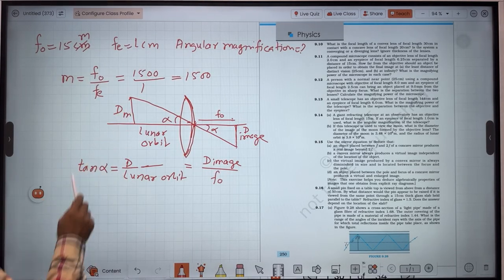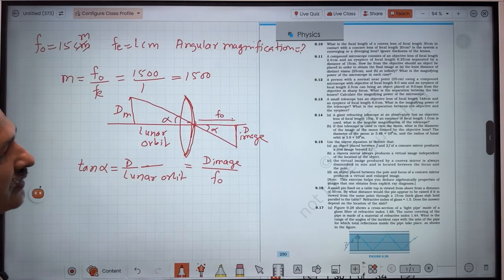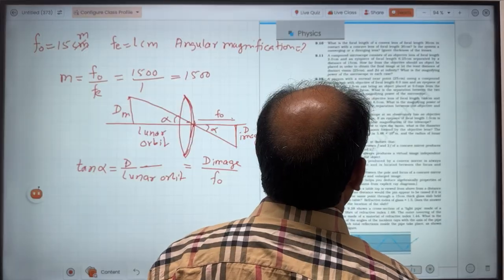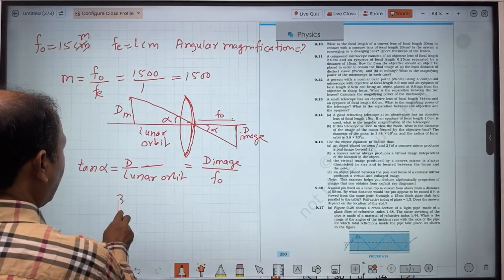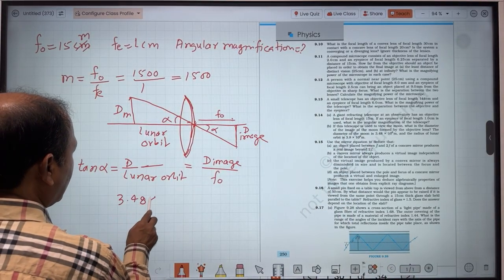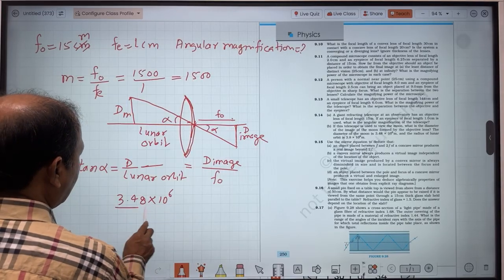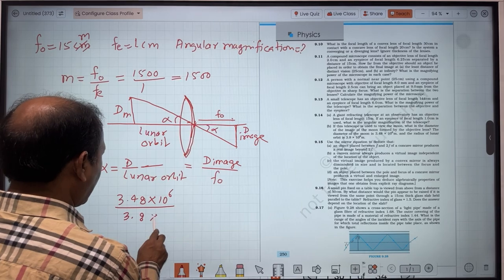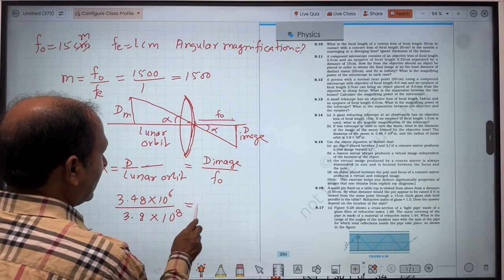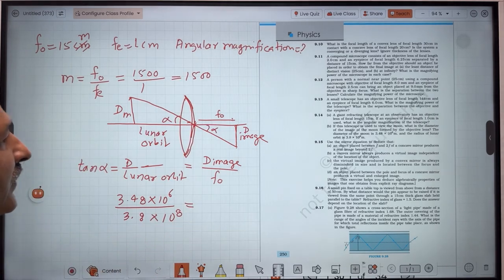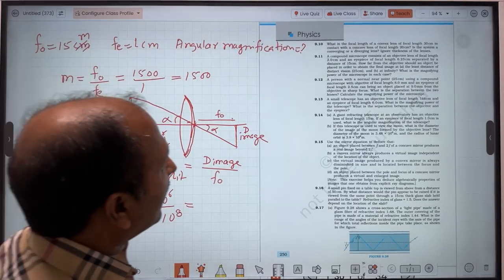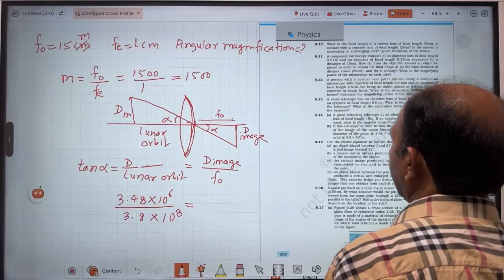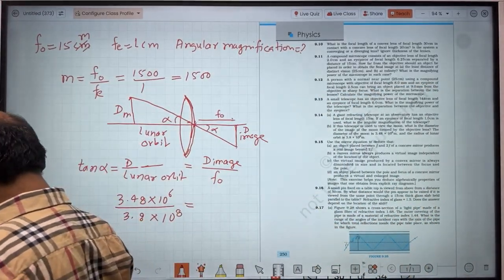So d moon is given, this lunar orbit radius is given, so we can write these values like 3.48 into 10 power 6 divided by 3.8 into 10 to the power 8, equal to d image that is to be found, divided by the focal length of the lens.